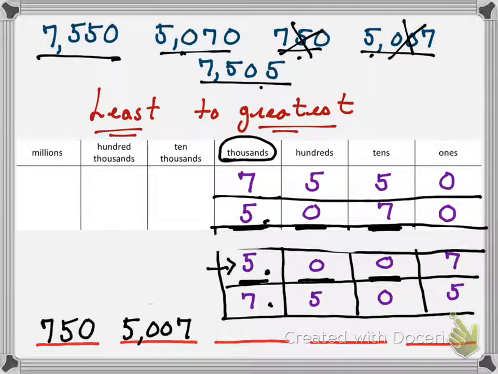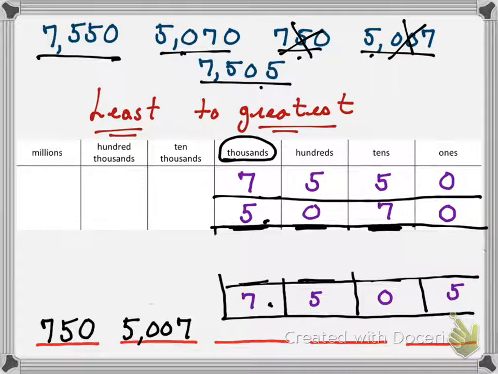And now I also can erase him from our place value chart to make it less complicated, narrowing it down to the greatest, the winner of all those numbers. So once I took 5,007 out of the place value chart, we noticed this would be the third least number because it has the smallest thousands.